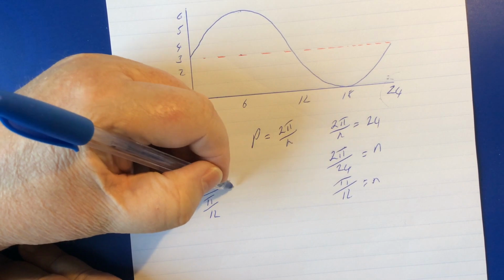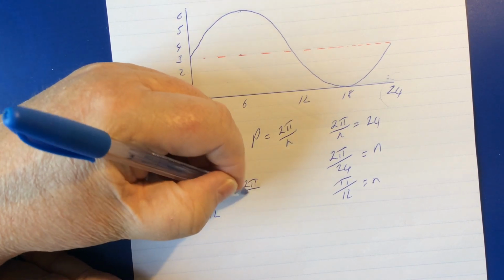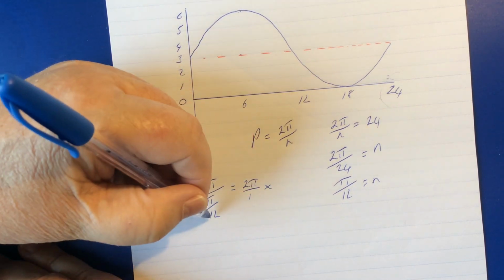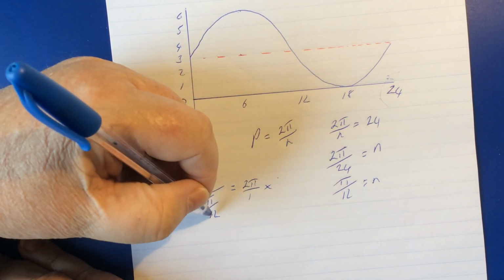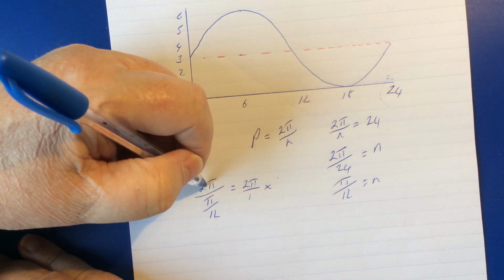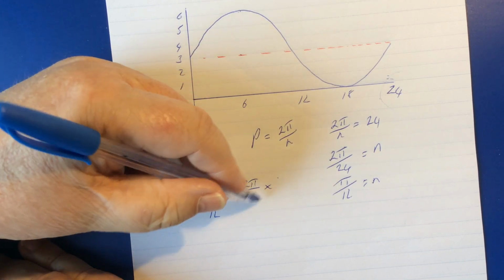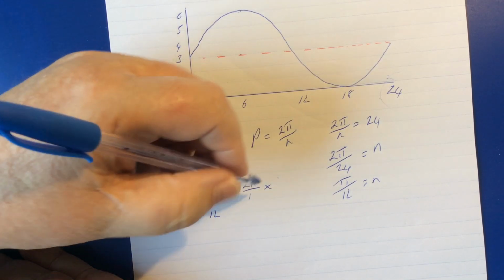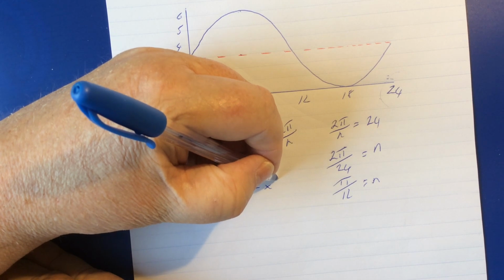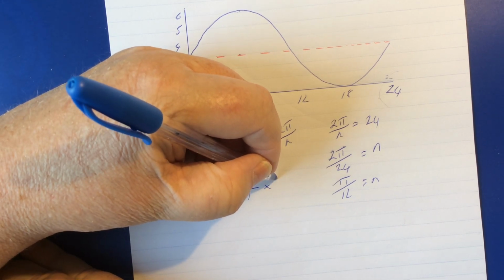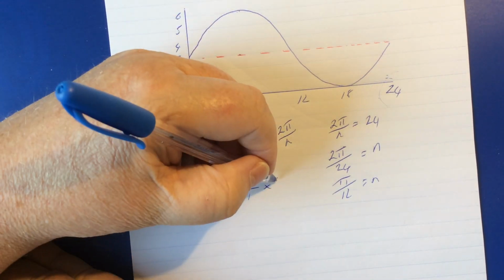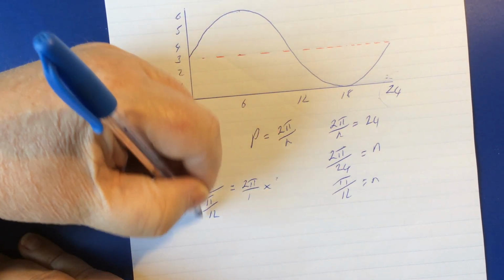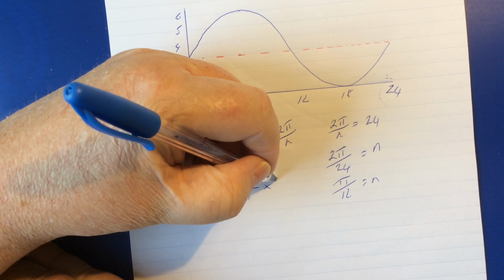So this is equal to 2 pi on 1 times, we change the division to a multiplication, and we flip this fraction.